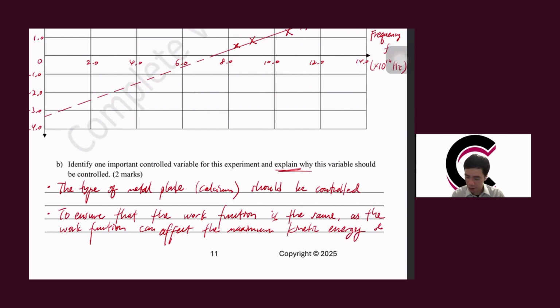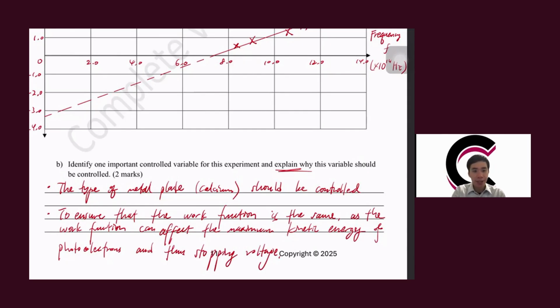And you can say "of the photoelectrons" to be even more specific. And thus the stopping voltage. Right. Work function should be a constant.